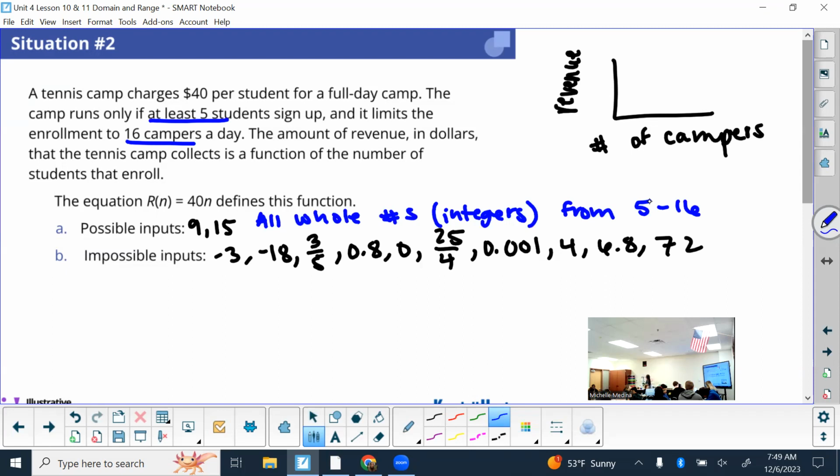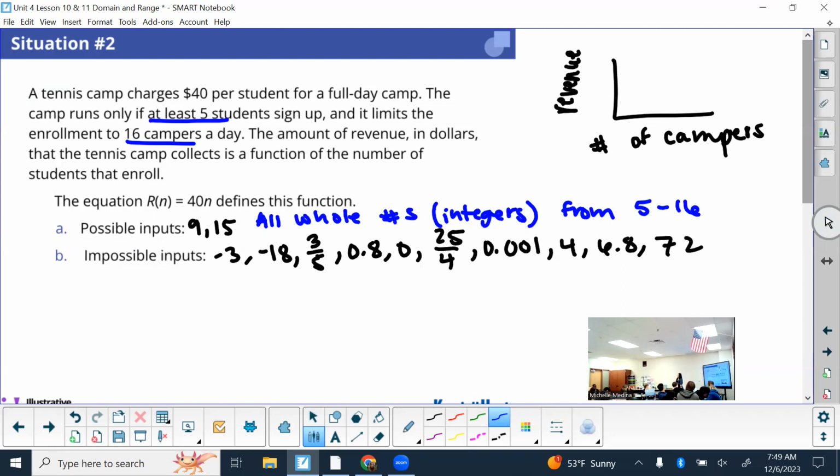But when you're saying from 5 to 16, there's no negative numbers in that. So that's one way they summarize it. That's why the only numbers that worked for this one were 9 and 15. Make sense? Can't have negative people, like you can't count a negative amount of people, can't have decimals of people, and these are outside the limitation.